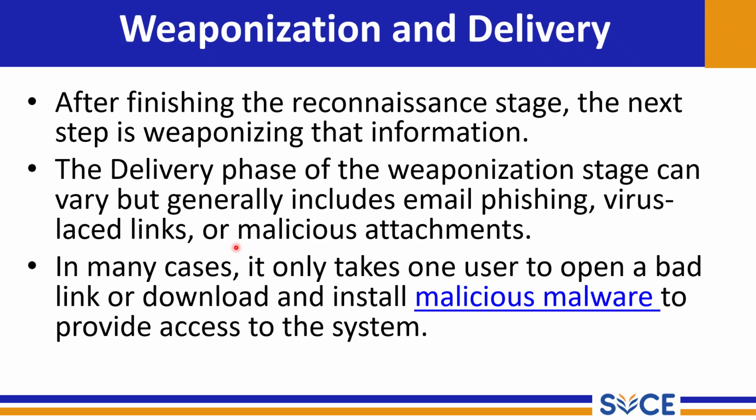We have to detect unknown malware and automatically deliver protections globally to thwart new attacks. We have to provide ongoing education to users on spear phishing links, unknown emails, and risky websites. In many cases, it takes just one user to open a bad link or download and install malicious malware to provide access to the system.